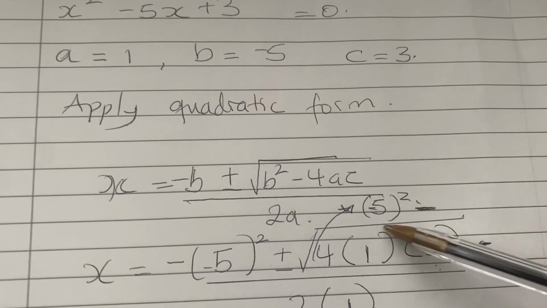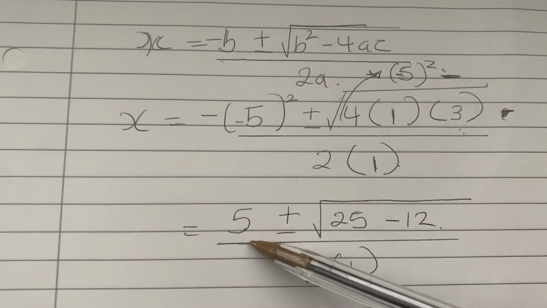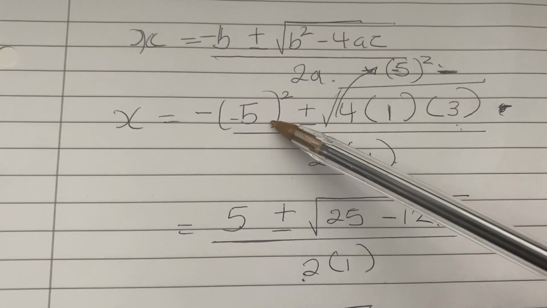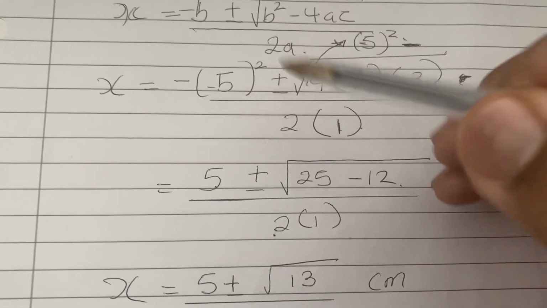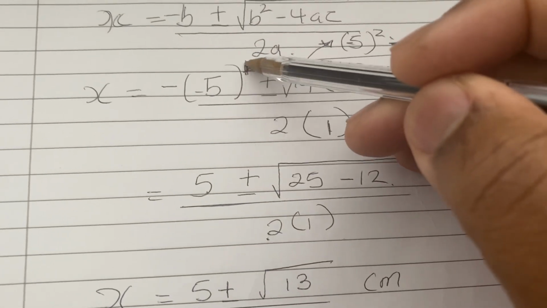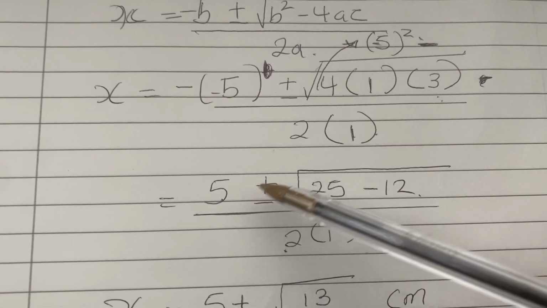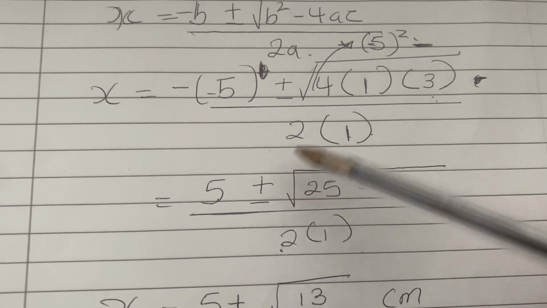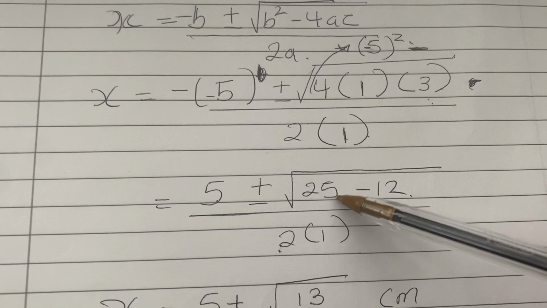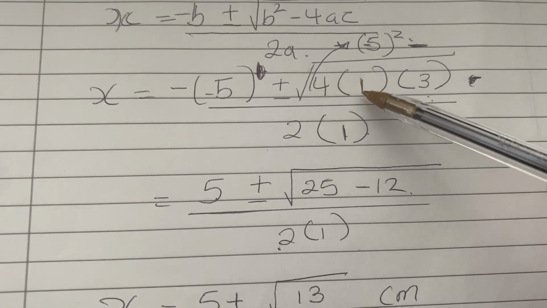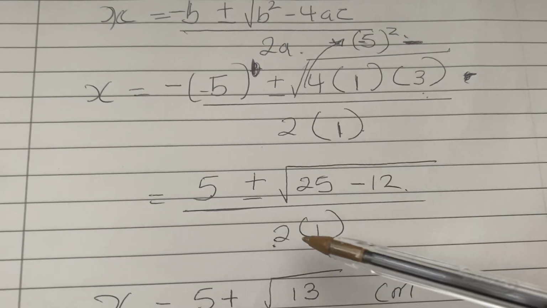Don't forget the b squared. So minus b, minus minus 5, which is 5, plus or minus the square root of minus 5 all squared, which gives us 25, minus 4 times 1 times 3, which gives us 12, all over 2a.